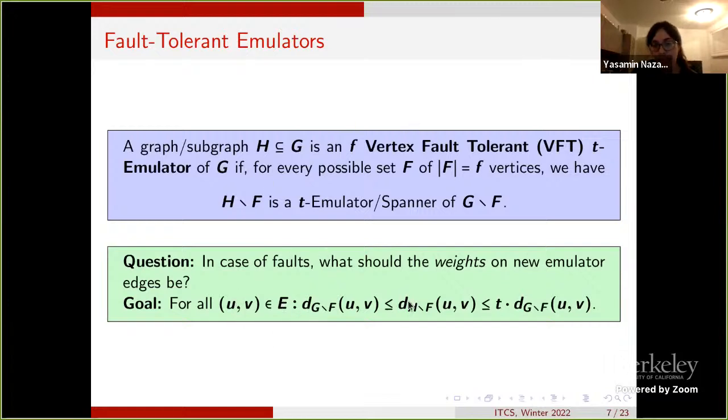Basically what we need to hold for this fault tolerant emulator to be correct is that for all nodes U and V, we need to ensure that the distance in H minus F is at most T times the distance in G minus F between the endpoints, and it's also at least the distance between U and V in G minus F.